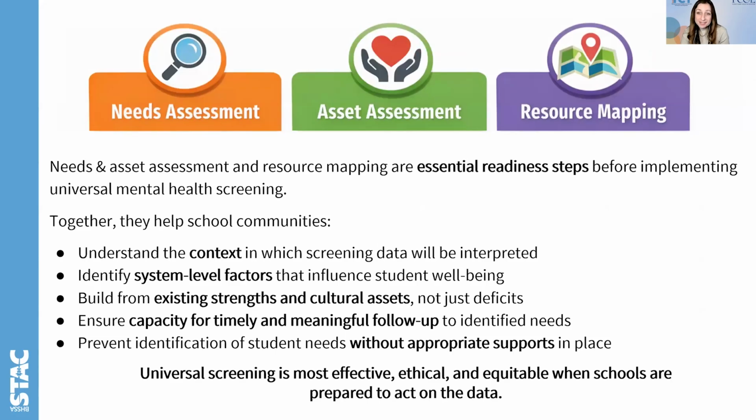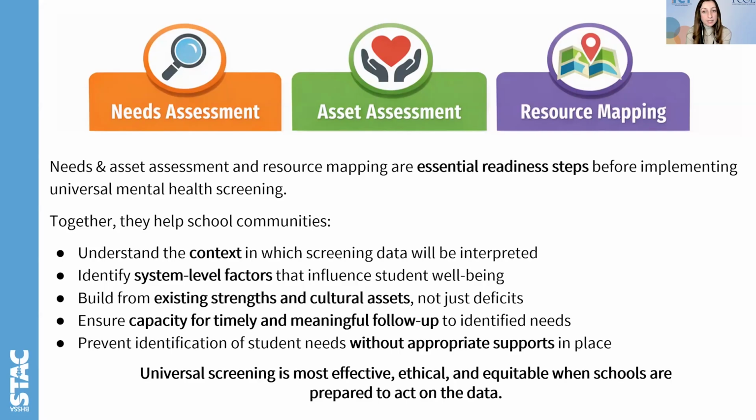So why is this important? Completing a needs, asset, and resource mapping assessment is all about readiness. This is to ensure that we are ready from the systems level to implement a universal screener, and that we have also taken strong consideration of the context of our community and our school sites.